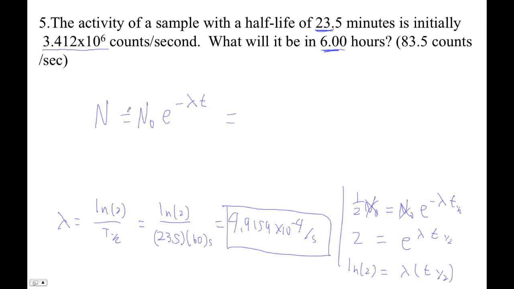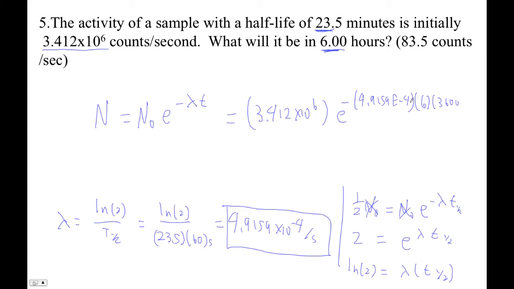Now we can just plug into this guy. The amount of activity is the original activity, 3.412 times 10 to the 6th, times e to the minus lambda, and this is lambda, so minus 4.9159 e minus 4, times t, 6 hours. Oh, good golly, 6 times 3600.